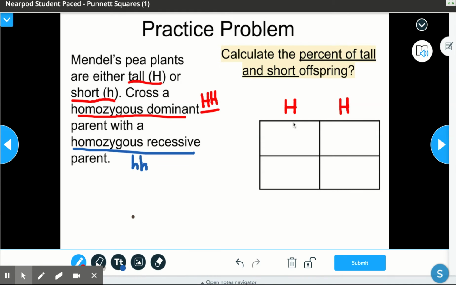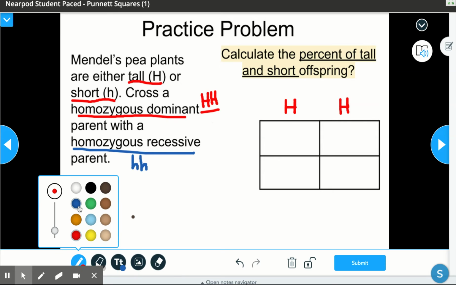So here are the two alleles from parent number one. Parent number one only produces gametes with dominant alleles in them. So parent number one can only pass on a dominant allele to its offspring because that's all it has in its genotype.